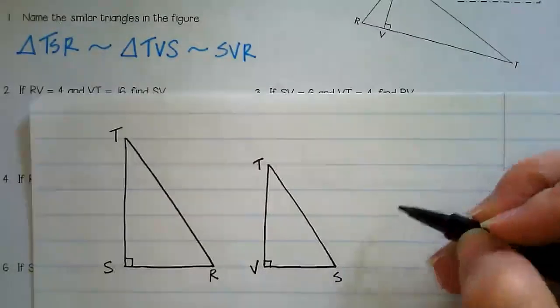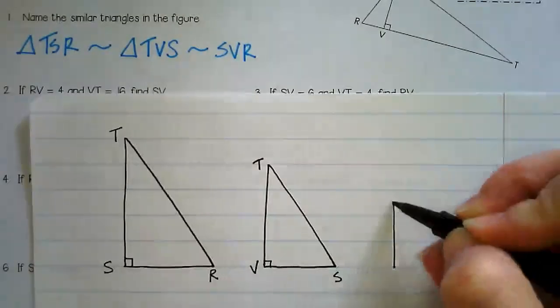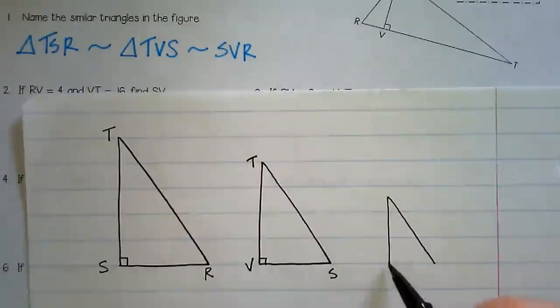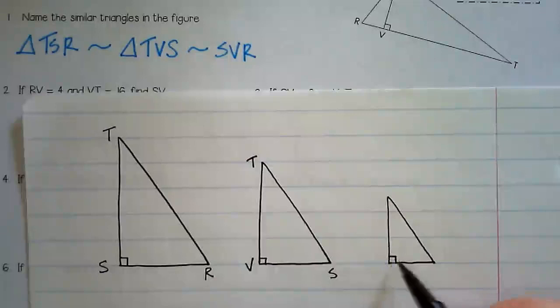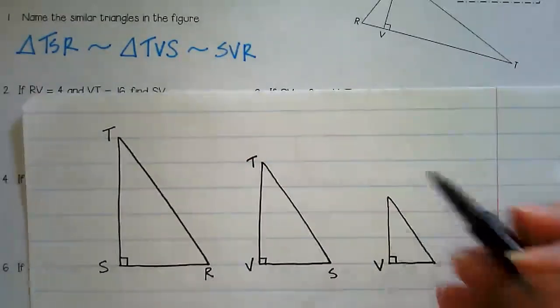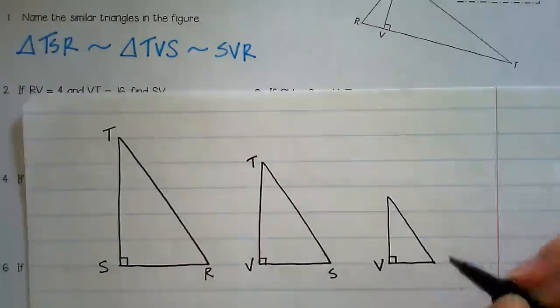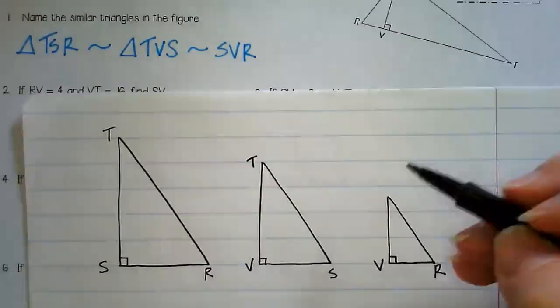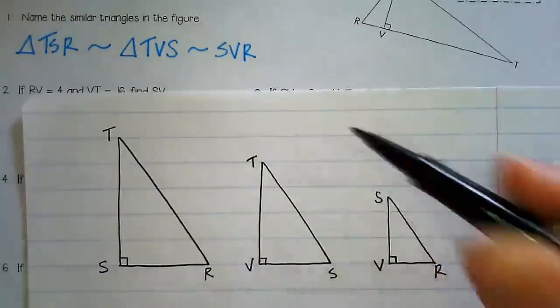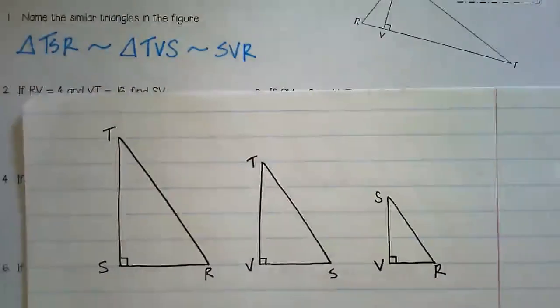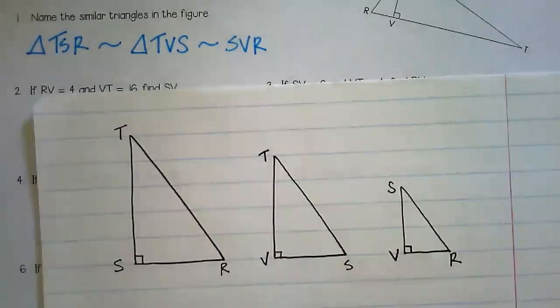Then we have Baby Bear over here, who is the smallest. His right angle is the same as Mama Bear's. And then his short leg is VR, and his long leg is SV. And again, that matches up with our statement up there. Okay, so I'm going to use that, and then I am going to just use pencil to do each of the questions.